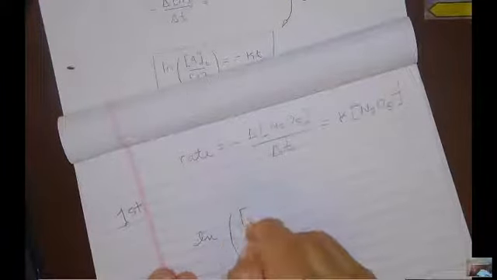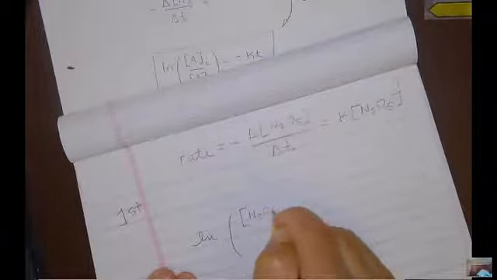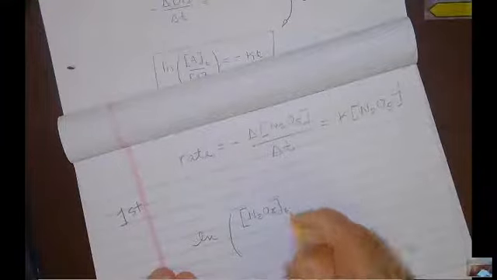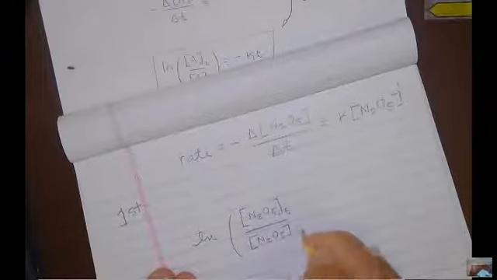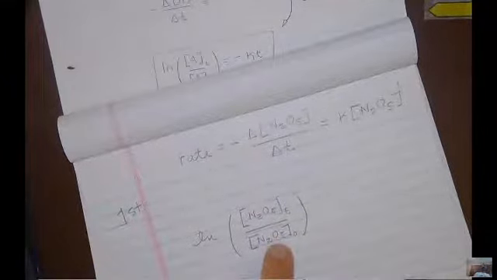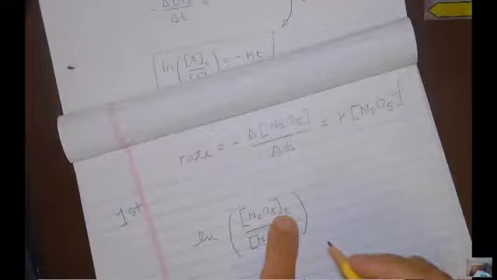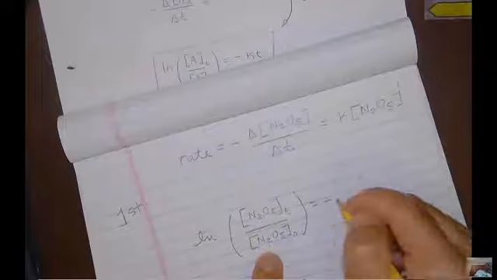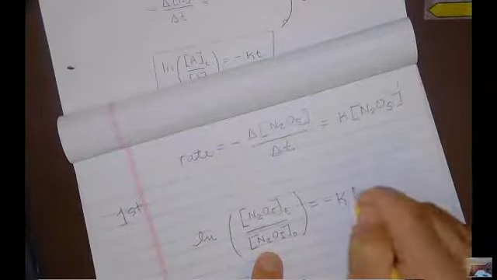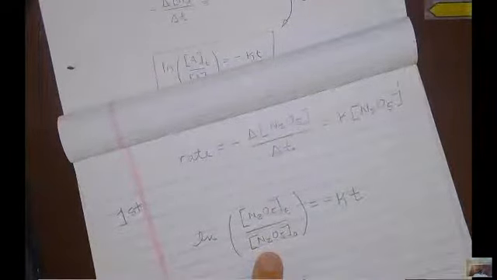Since it's first order, it follows this relationship: the natural log of the concentration of N2O5 at the time I'm interested in, which is 1,000 seconds, divided by the initial concentration, the one with the little 0, is equal to minus k, which they gave me, times t, which they gave me.